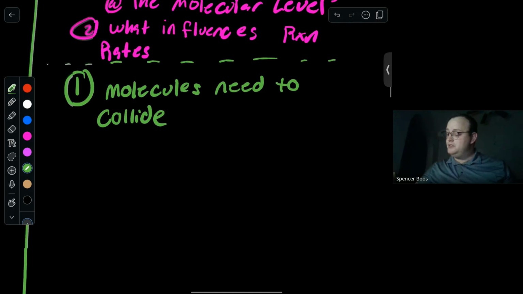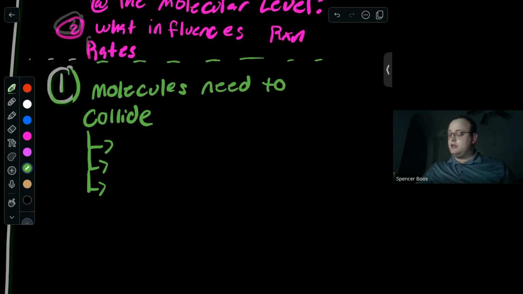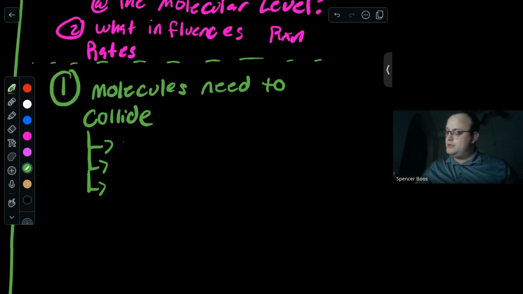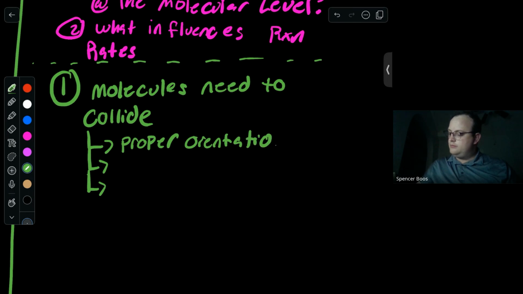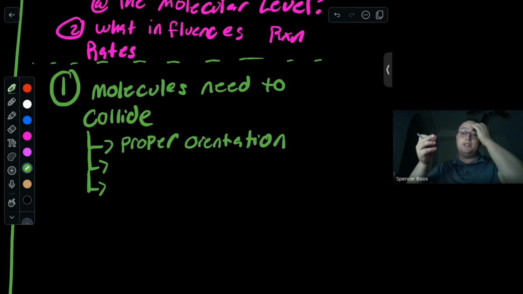In order for molecules to collide, there's a couple things that need to happen. Molecules need to collide in the proper orientation. If they don't go in the right orientation, they ain't going to react.